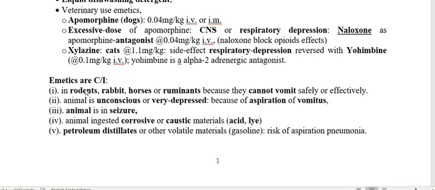We are not going to give emetics in rodents, rabbits, horses, ruminants, because these species are usually not able to vomit, and therefore we are not going to give emetics in these species.